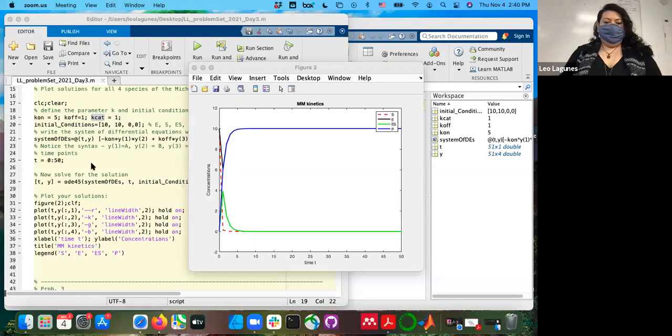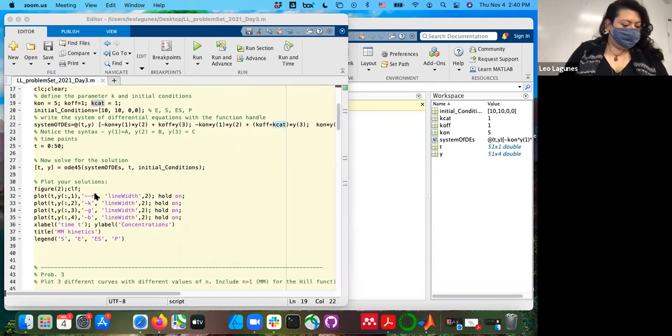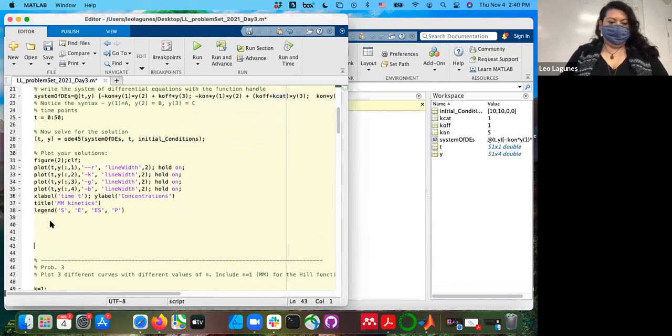Okay, one of the questions that came up was how do we plot the Michaelis-Menten equation? One second, I'm just going to plot it here.